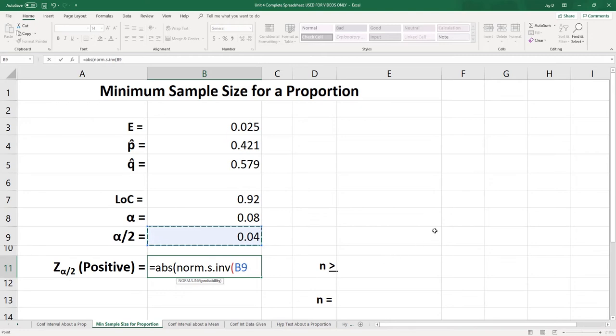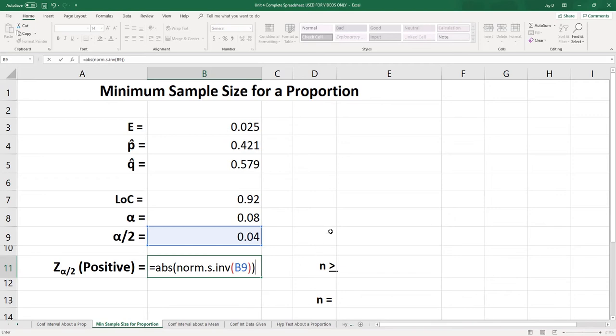I close my parenthesis and watch, it'll be red to show I'm closing the norm.s.inv function. And now I'm going to close the absolute value function, and you'll see it's black, just like the one that opened the absolute value function.